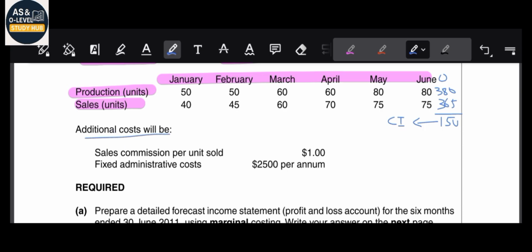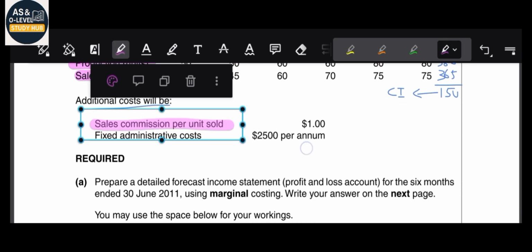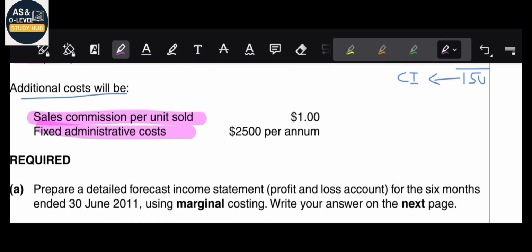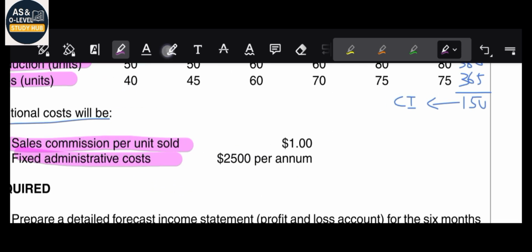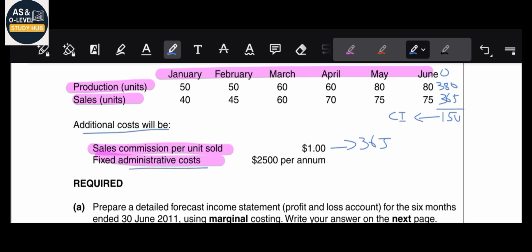Additional costs will be calculated. Sales commission per unit sold. Our sales were 365, so 365 into 1 is 365. Total sales commission is $365. Fixed administration cost we have is $2,500 per annum.